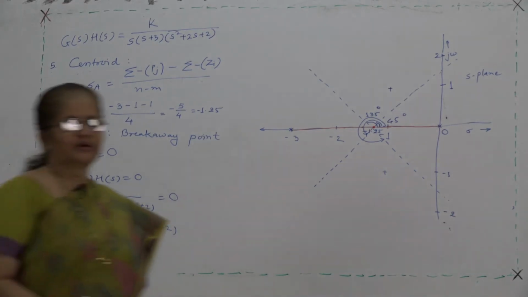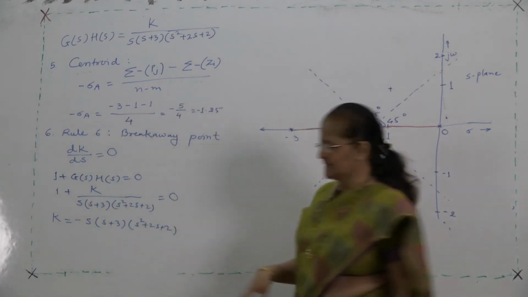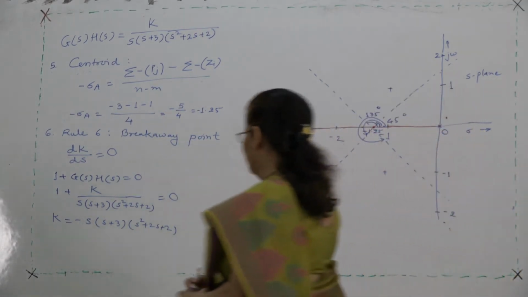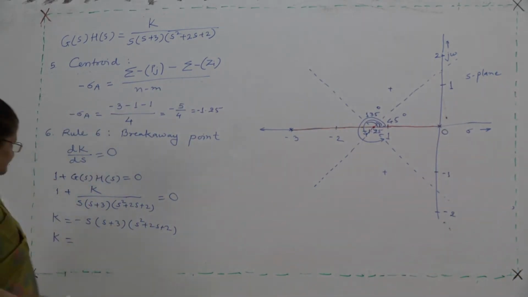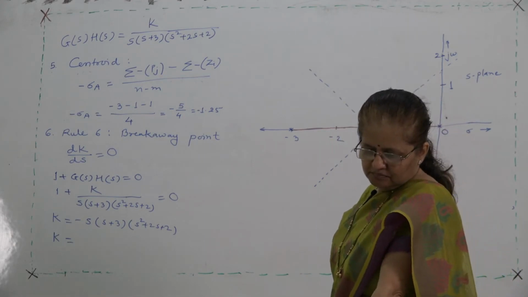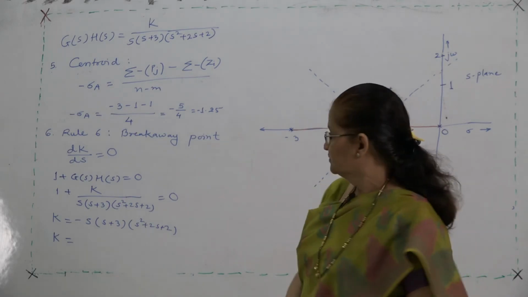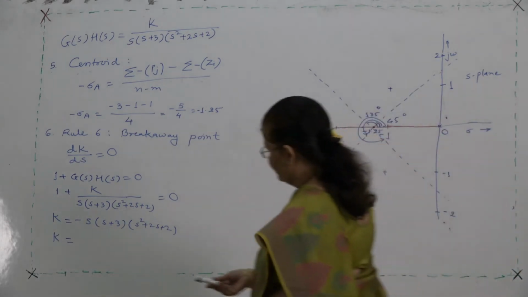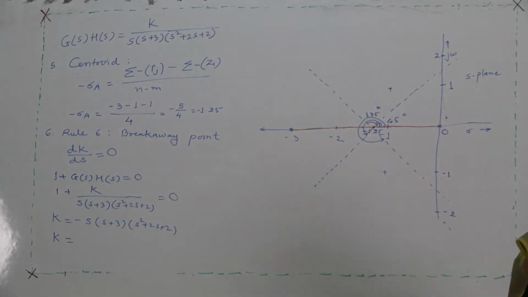So, find the polynomial of s now, that is, simplify this and find the polynomial of s. K is equal to, just simplify it and write the formula for k in terms of s.